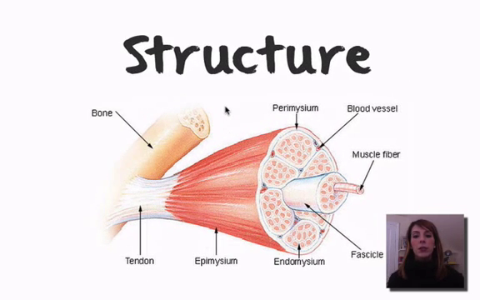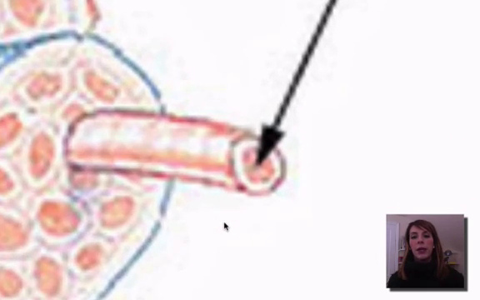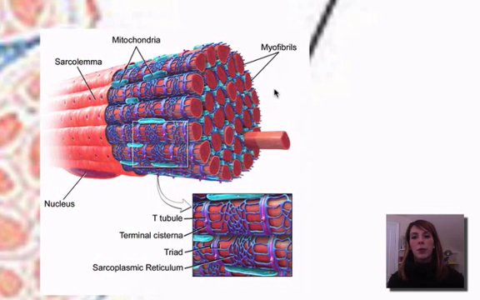Okay, so this is muscle tissue, and muscle tissue is made up of cells, and these cells are known as muscle fibers. Muscle fibers are kind of unusual cells because they're really long and they're multinucleate. If we look inside of muscle fibers, we'll see that they have many structures known as myofibrils.